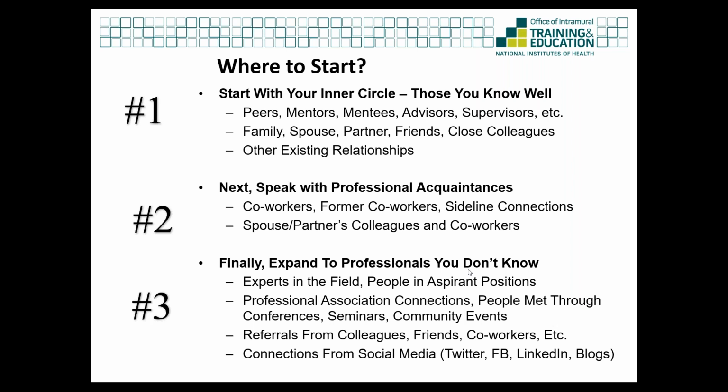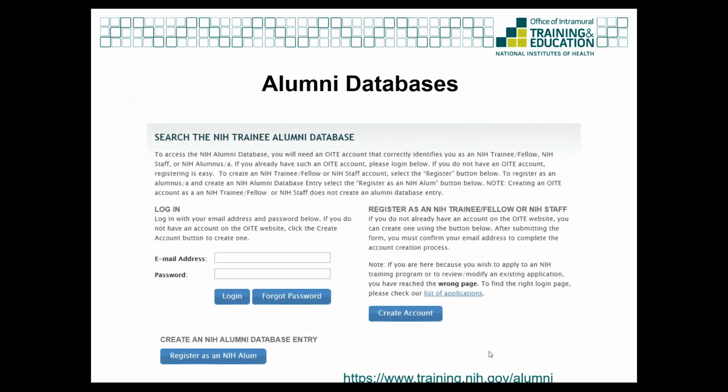A lot of times when I'm working with trainees, they'll say, I really expected my PI to do all of this, I thought my PI was going to make connections or introductions for me. So try not to fall into best friend syndrome and rely solely on one person. The best way to do this is to have a wide variety of diverse career mentors if possible, as a way to expand your network.